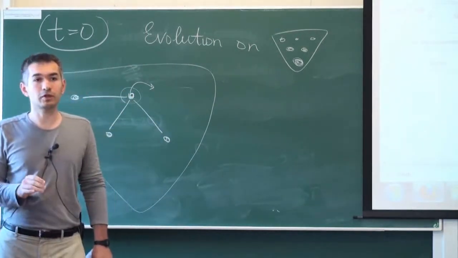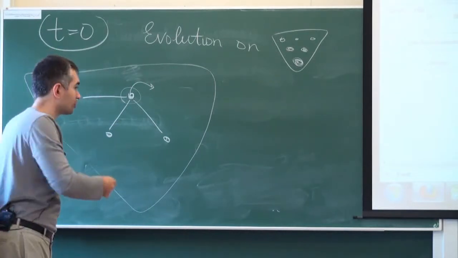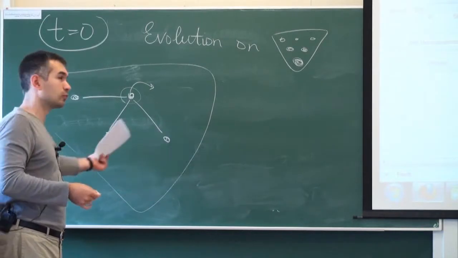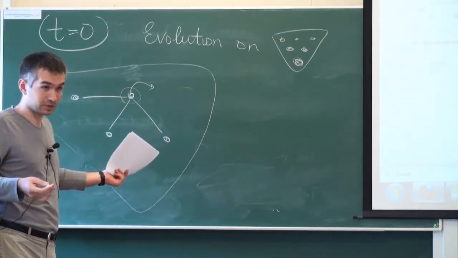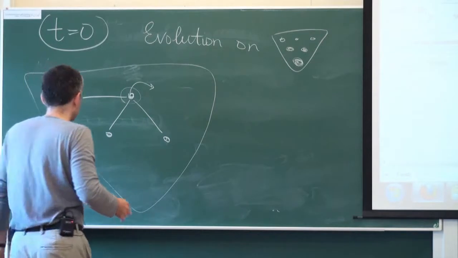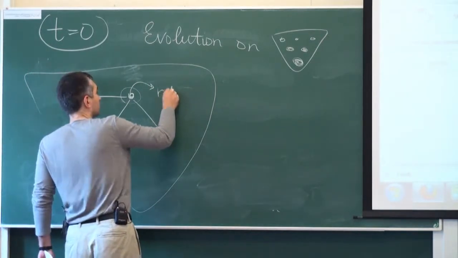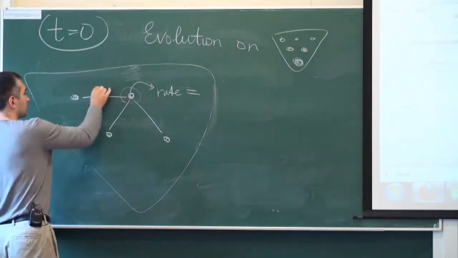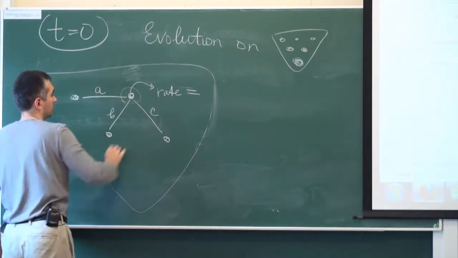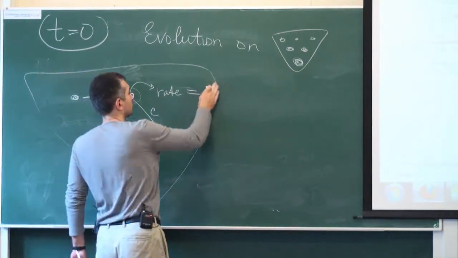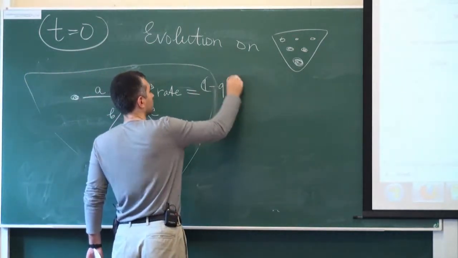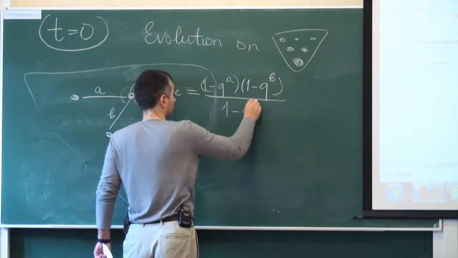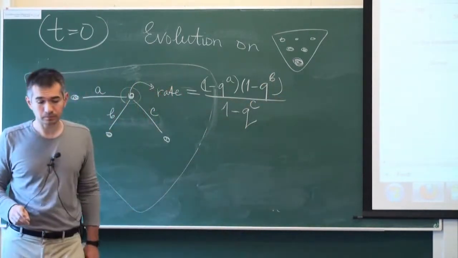I want to emphasize I'm not inventing anything. I'm just using the scheme with MacDonald polynomials to produce the dynamics, and I'm telling you what happens. This is a manipulation with formulas, right? So the rate of this particle is equal to, let me call these distances A, B, and C, 1 minus q to the power A, 1 minus q to the power B, divided by 1 minus q to the power C.